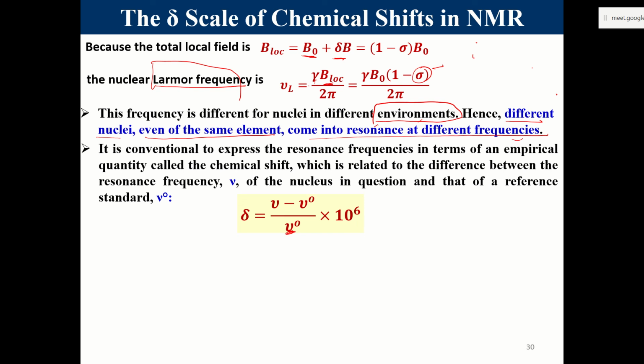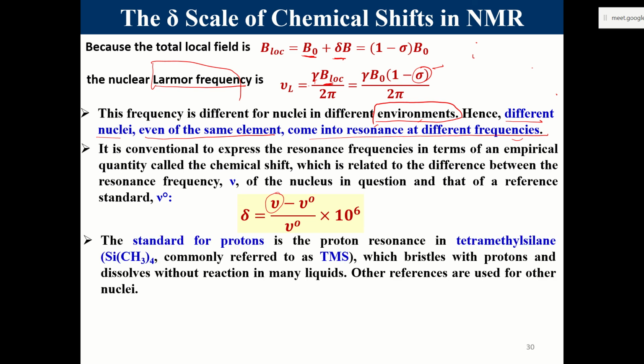Mu naught is the frequency at which a reference sample, a standard sample, comes into resonance, and mu is the frequency of the actual test sample. So you compare the frequency of the standard or reference sample with the sample which you want to know.